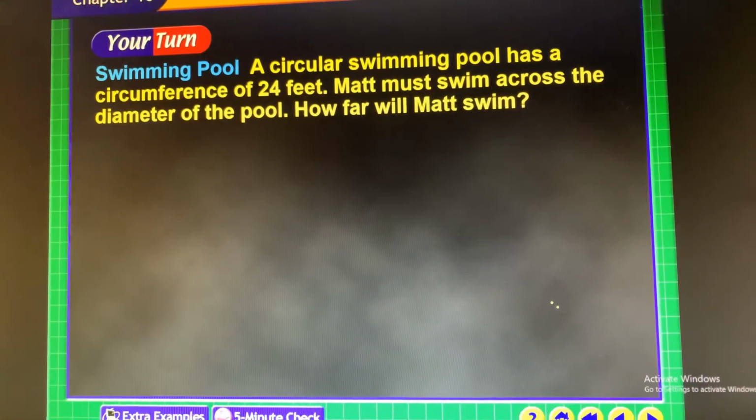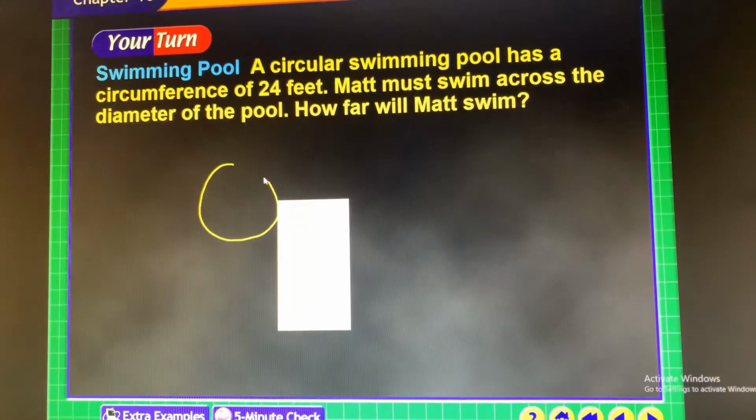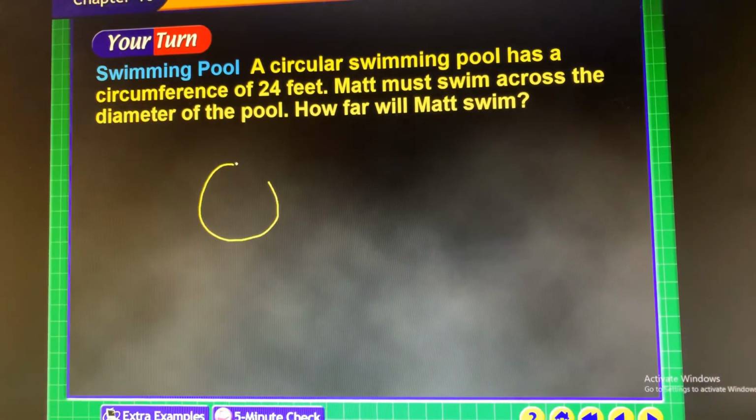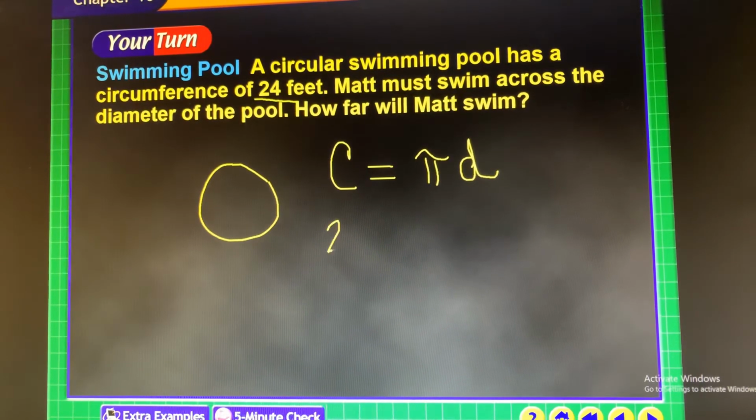Try it again. This time you have a circular pool that has a circumference. Again, what I made in yellow is your circumference. So put down what you know. Circumference is equal to pi d. Circumference is 24 feet. Put in what you know. And Matt's going to swim across the diameter of the pool.